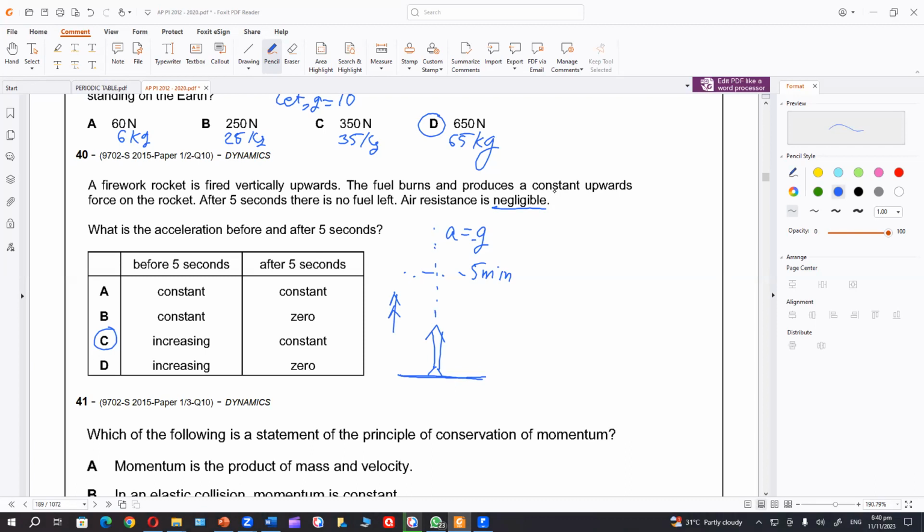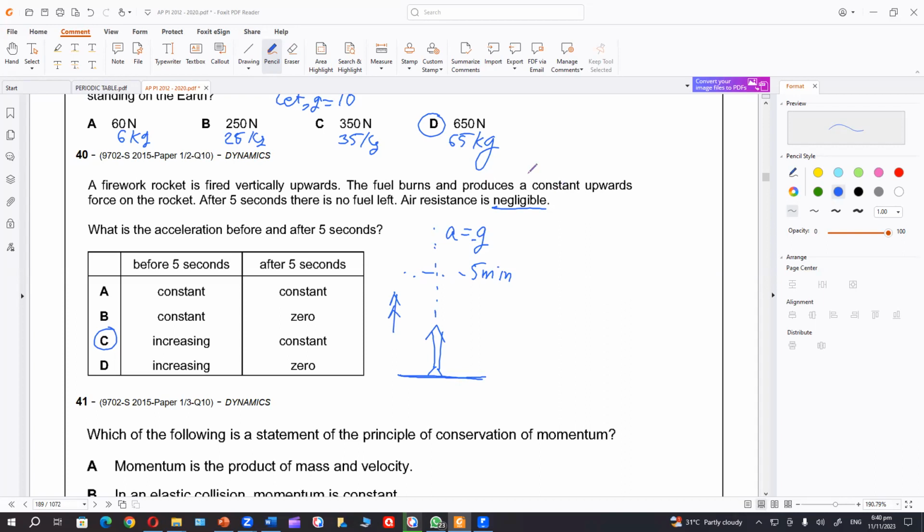The resultant force is increasing as the fuel is being burned, as the engine does not immediately stop. Acceleration cannot be constant, definitely, because acceleration is constant only when the resultant force is constant. As he says, it produces a constant upward force.